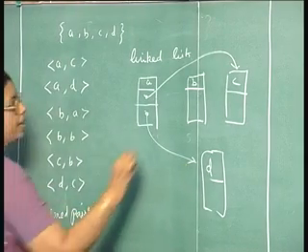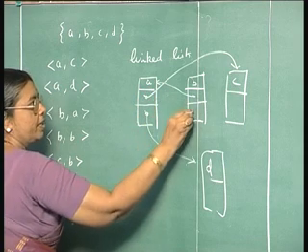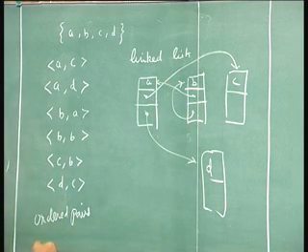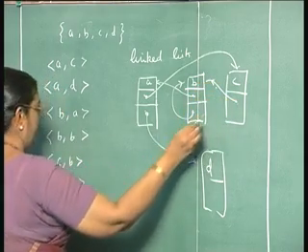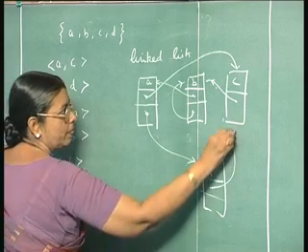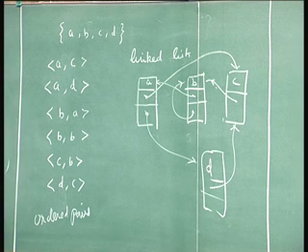From B, there is an edge to A, and there is an edge to itself. From C, there is an edge to B, and from D, there is an edge to C. The whole thing can be represented in this manner, and this is another way of representing the graph internally.